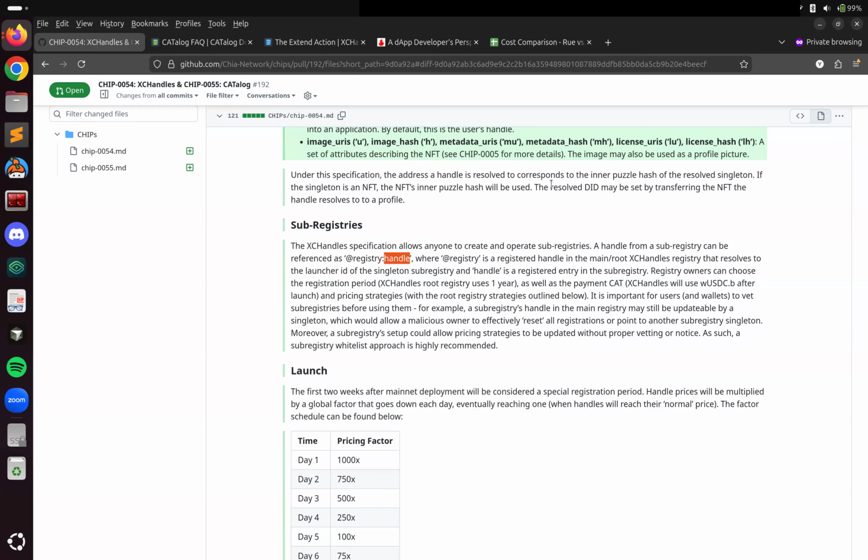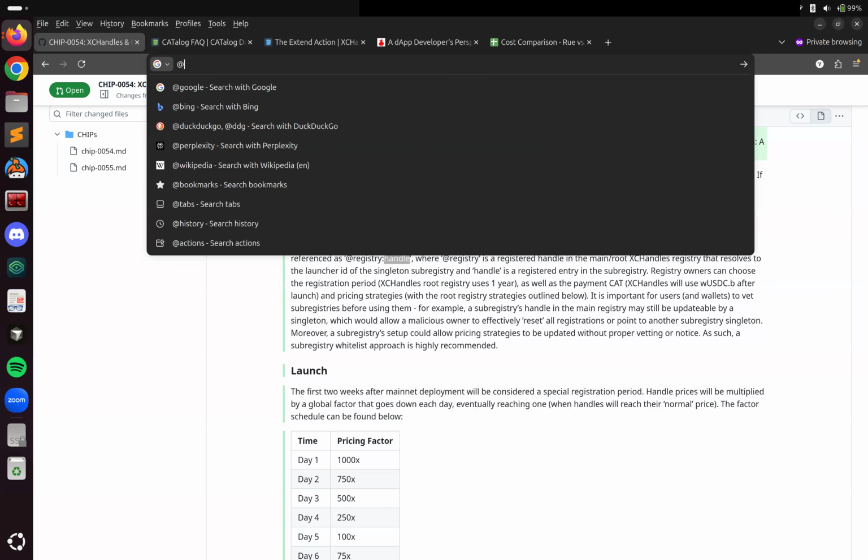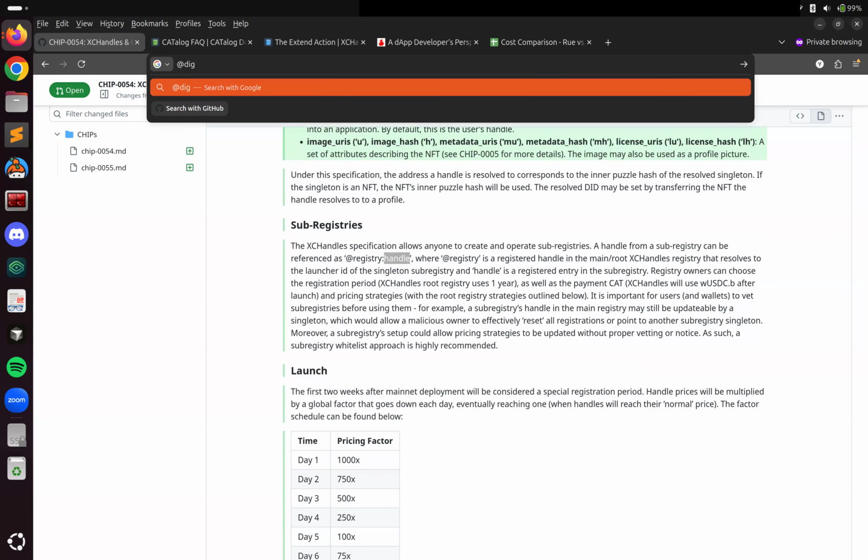And this is useful, for example, for Dig Network. So if they had the dig entry in the main registry, you could just do at dig and then any dig website name, and then the software responsible for interpreting this would first resolve dig, and then look into that subregistry and resolve the new handle.